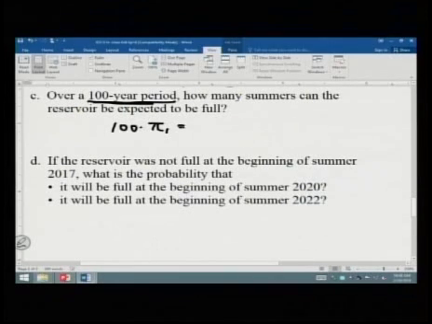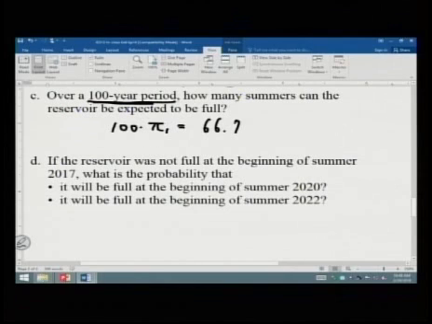So what is the value of pi 1? It's 0.667, right? So it's going to be about 66.7 years. That's what I would answer to this question. Does that make sense? Because pi is the steady state probability. We assume that after a long period of time, the state of the system becomes stable, and when you check the status of the reservoir, there is about a 66.7% chance your reservoir is full.